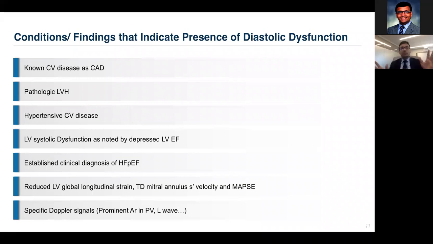The first step is trying to understand if a patient has diastolic dysfunction. If any of these features are present, then you don't question if diastolic dysfunction is present or not. You assume that since there is an abnormality, diastolic dysfunction is likely to be present, and you go to the second step directly.